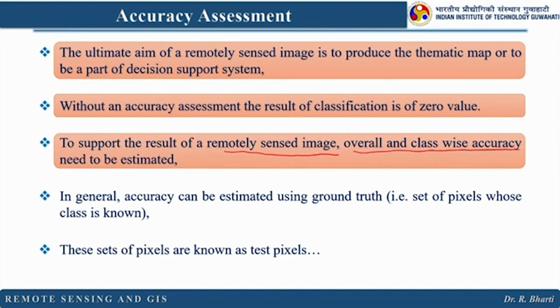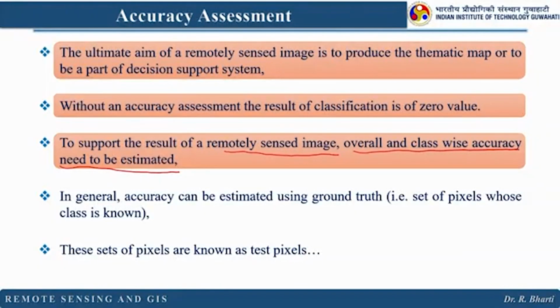So, here you need to support the results of remotely sensed image. Overall and class wise accuracy need to be estimated. So, for example, if you have classified your input image into 4 or 5 classes like vegetation, urban area, water or shrubs, grassland, dense forest. So, some classes you have taken and you have classified the whole image into all these classes. But what if I say the classification accuracy of my image is 20%, 30% or maybe 80%, right?